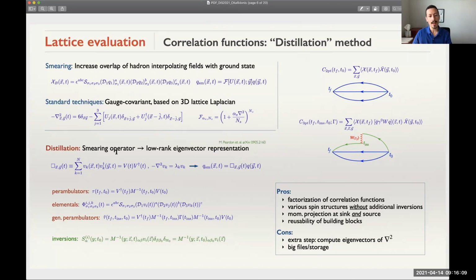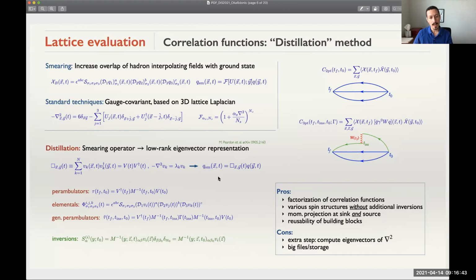Now, another method was introduced by Mike Peardon some 10 years ago. In this proposal, the smearing operator is approached by a low-rank eigenvector representation of the 3D Laplacian. So we compute the first n eigenvectors of the Laplacian, and then we apply this operator on the quark fields that enter the interpolating operators.